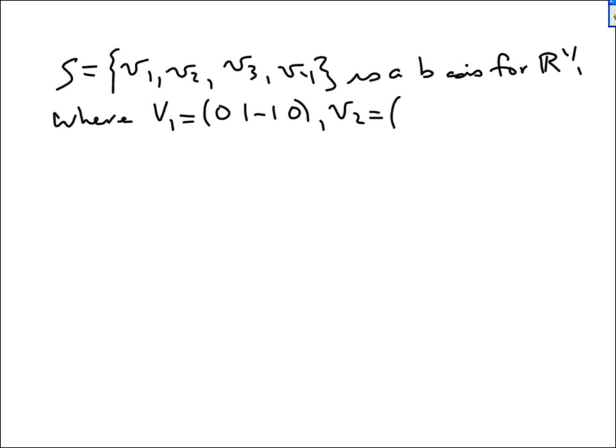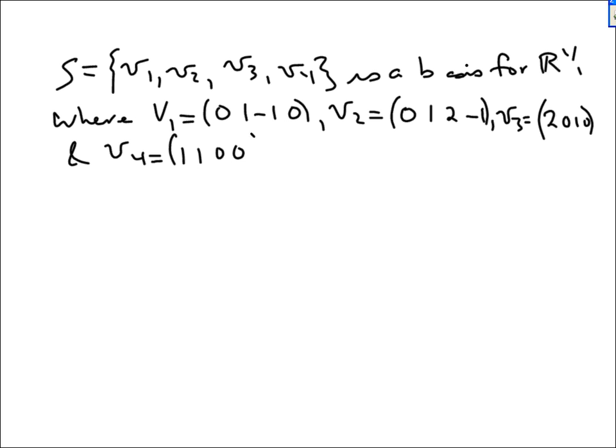V sub 2 is 0, 1, 2, negative 1. V sub 3 is 2, 0, 1, 0. And V sub 4 is 1, 1, 0, 0. Of course, whether I put them or not, the entries are separated by commas.